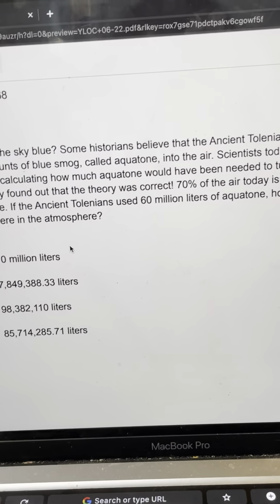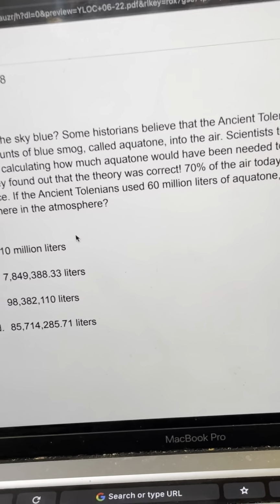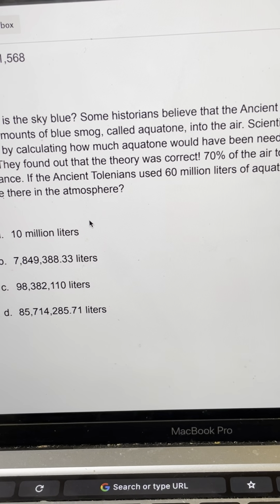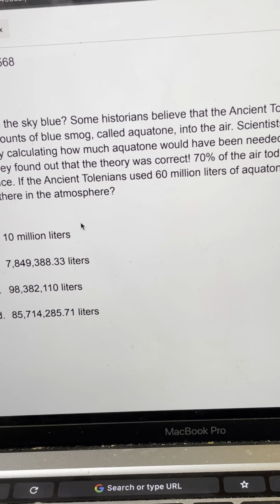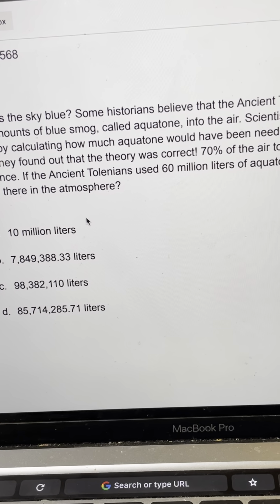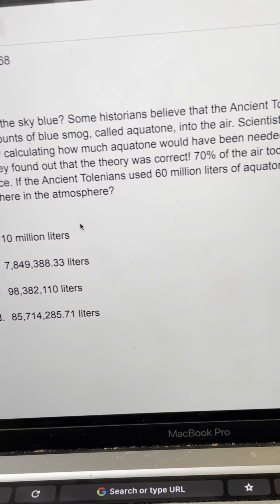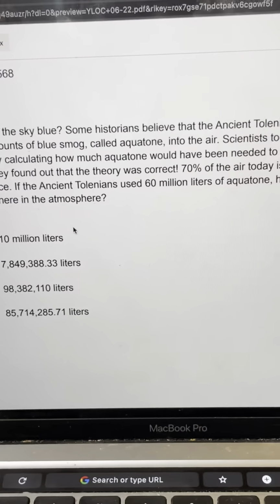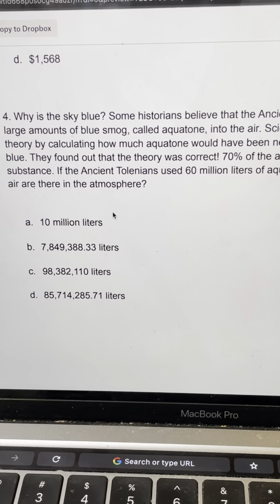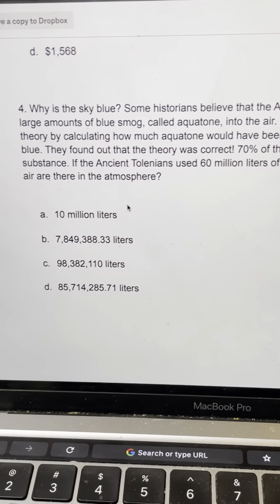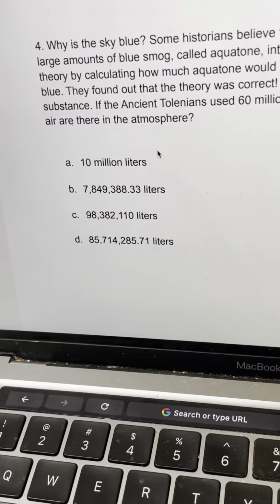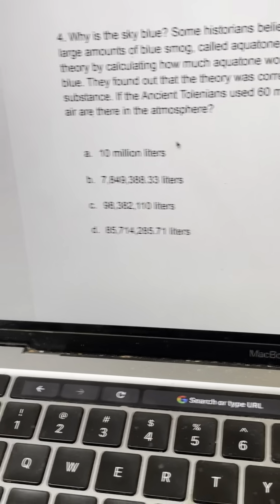So we know that 60 million is 70% of the air, which means that we need to know 30% of it. And to get that, we would have to do the following. So first we can take out A and B since they're less than 60. And they want to know the total of having 100 in there.